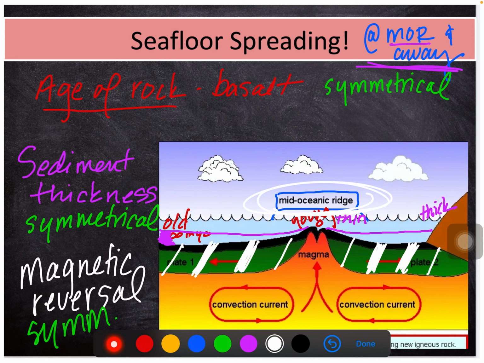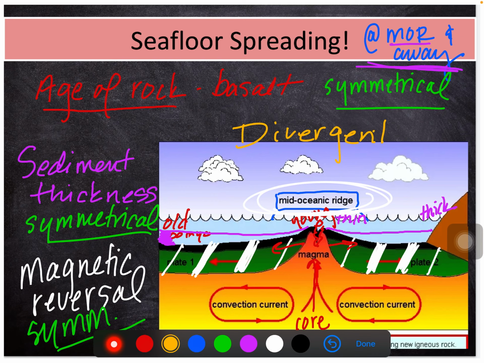The reason why we have this pattern symmetrically on either side of the ridge is because this is where everything originates. We have that core heating up the interior material, pushing it towards the Earth's surface, and when that magma comes out and cools, it's pushing that crust in opposite directions, creating this divergent boundary in the middle of the ocean.